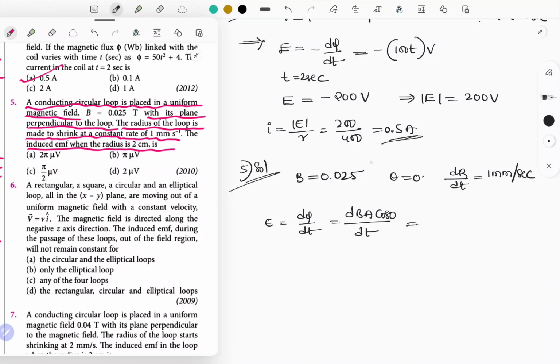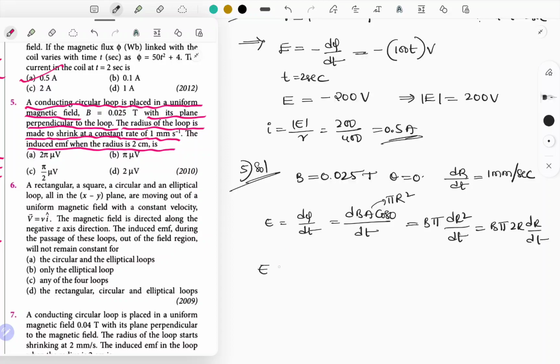Magnetic field is constant, 0.05 Tesla. Bring that magnetic field outward, then area is replaced as pi r square. Pi also comes outside. d r square by dt will be there. Differentiation of r square is 2 r dr by dt. So B into pi 2r dr by dt.